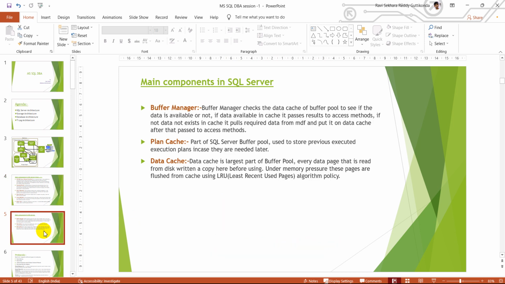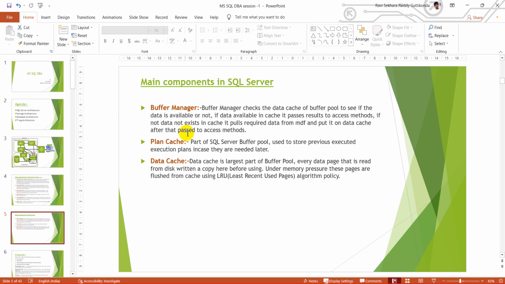The next component is the buffer manager. The buffer manager checks the data cache of the buffer pool to see if the data is available or not. If the data is available in the data cache, it passes the results to the access methods. If no data is found in the data cache, it pulls the required data from the MDF and puts it in the data cache.